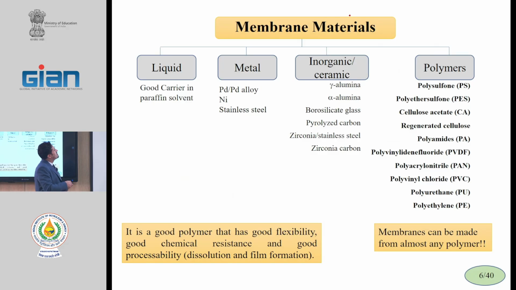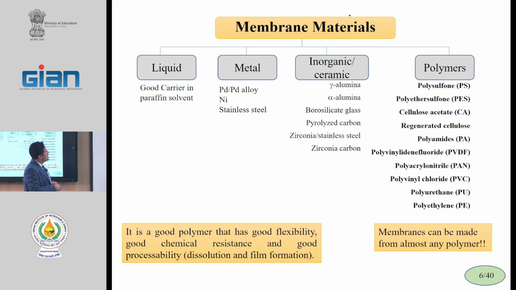We have ceramic membranes that are usually fabricated from alumina. Ceramic membranes are more expensive than polymeric membranes because the use of materials is high and high temperature is needed for fabrication.